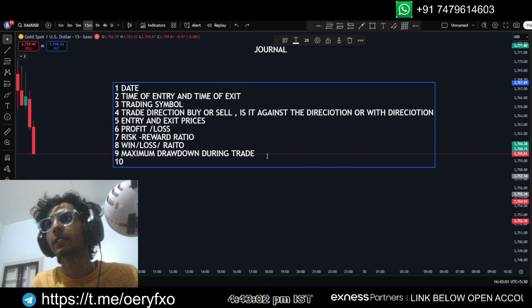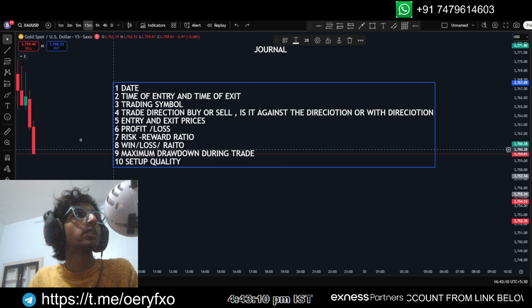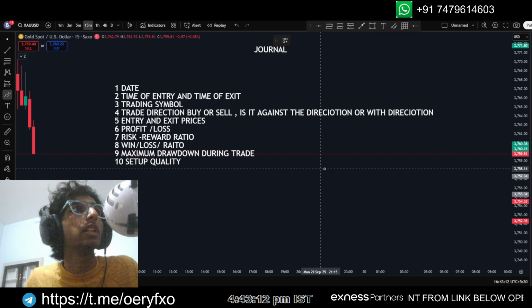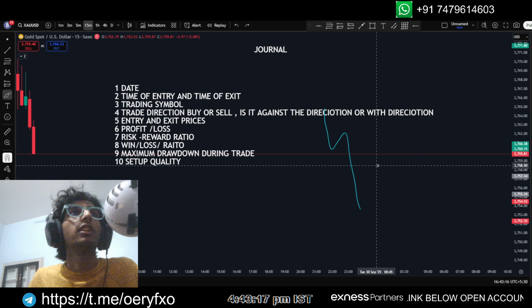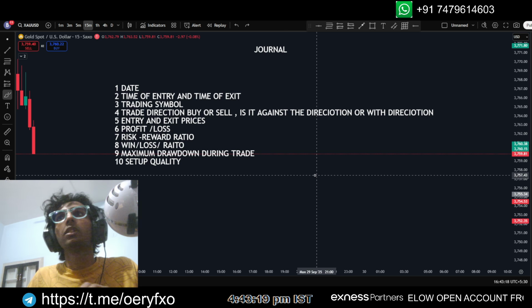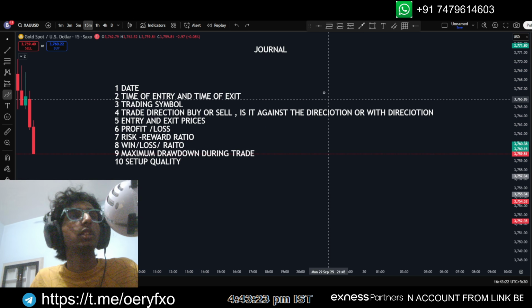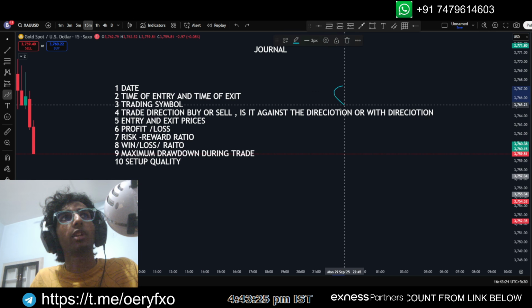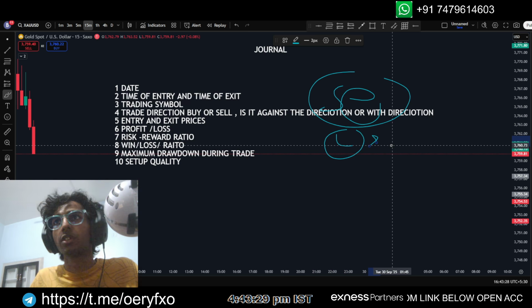So 10th will be setup quality. What do I mean by setup quality is that whenever you take trades or you created a setup, there are certain conditions meeting so that you can get the entries, right?